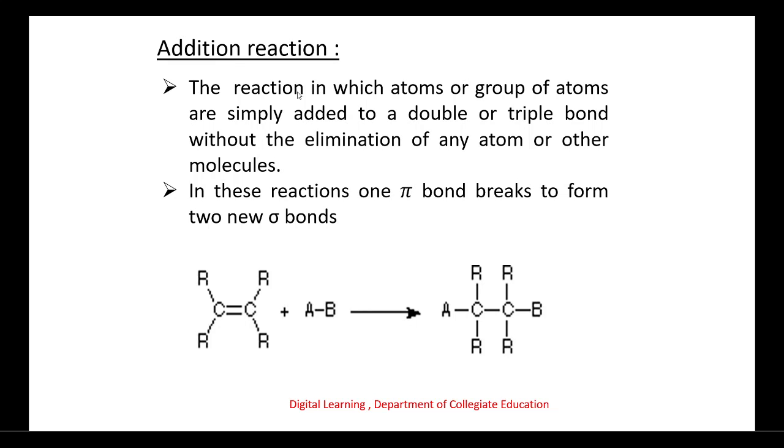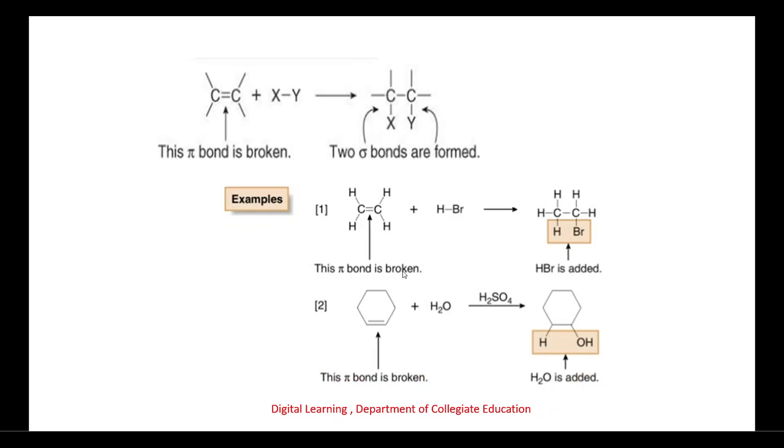Here, the reaction in which an atom or a group of atoms are simply added across a double or a triple bond without any elimination is referred to as an addition reaction. And one thing, the geometry of the reactant and the product is not the same. So there is a change in the geometry from the reactant to the product.